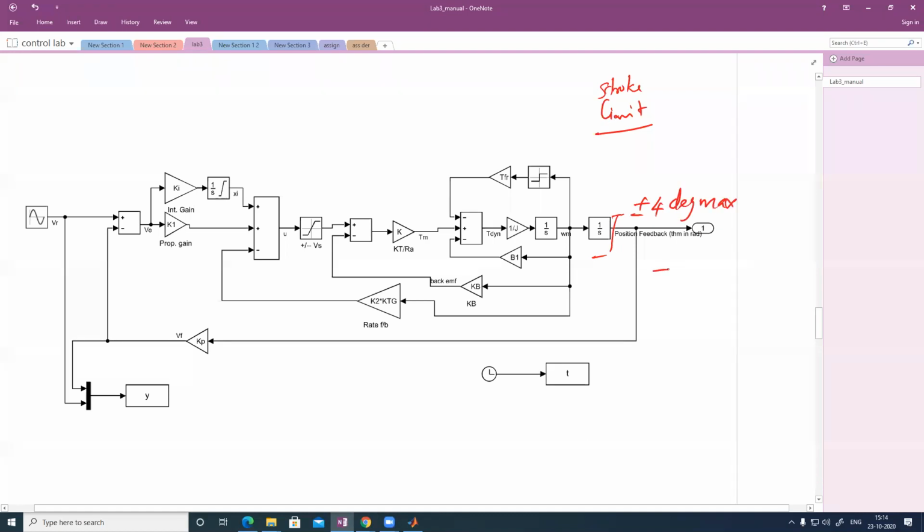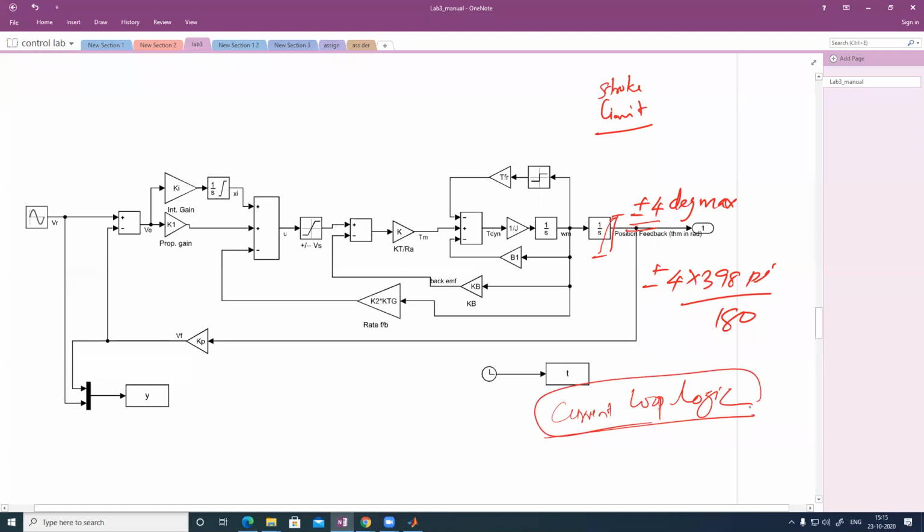So on the motor side, plus or minus 4 into 398 into pi by 180, it will come. So you have to limit this to plus or minus 4 degrees. That logic and this current loop logic, you have to do in the assignment. The assignment question I uploaded in Moodle.